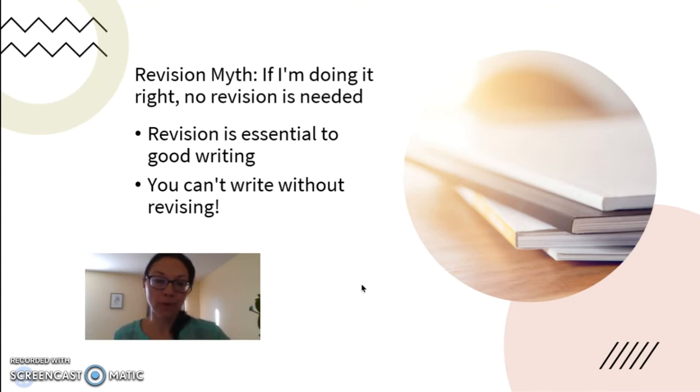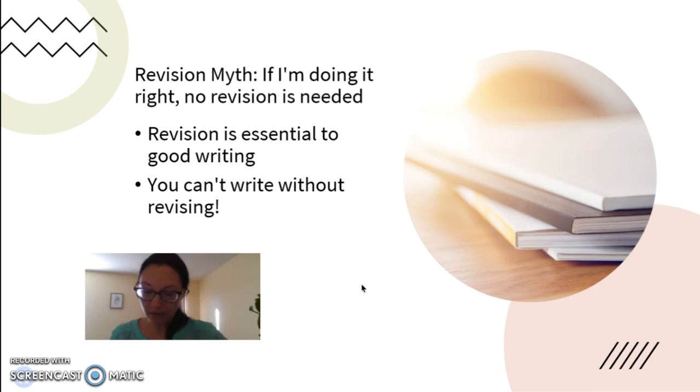So last week we talked about myths in writing, and one revision myth is, if I'm doing it right, why would I need to revise? Well, some students just get so upset when they receive feedback from their instructor, or maybe they participated in peer review and they weren't happy with the feedback that they received from their classmate.